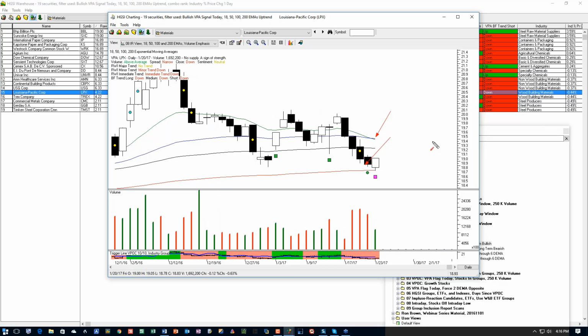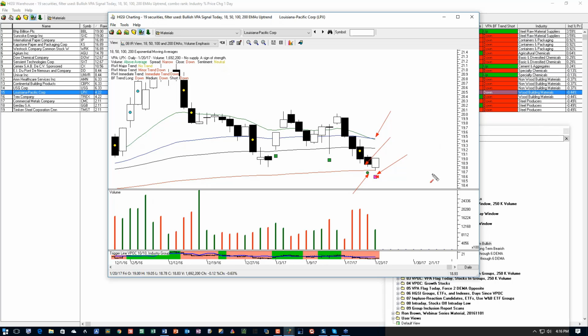It crossed the 18, went down through the 50. So even though there is a test for supply today, this went negative. After I do tonight's update, this stock will not be showing up as a candidate.